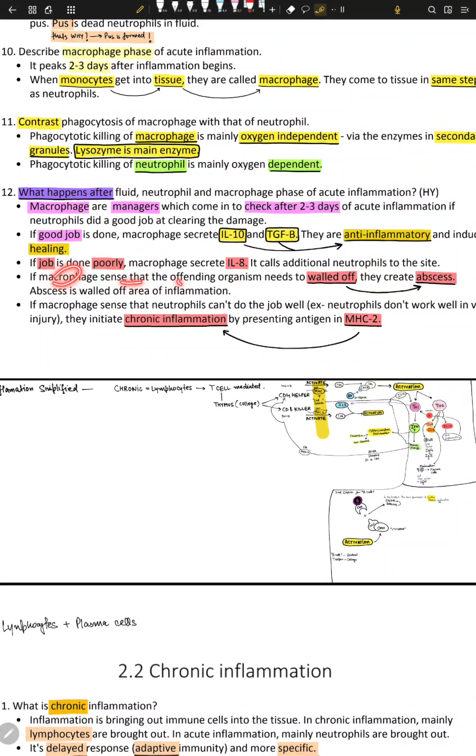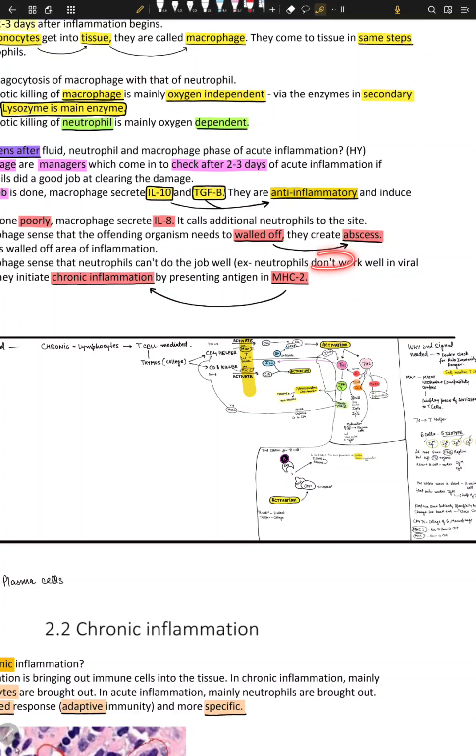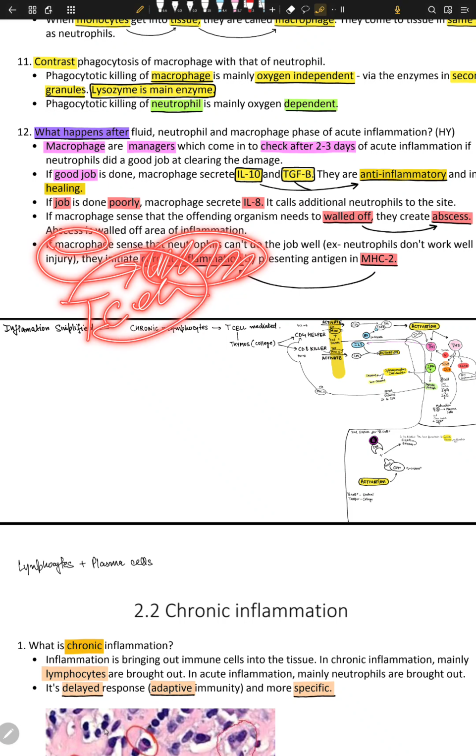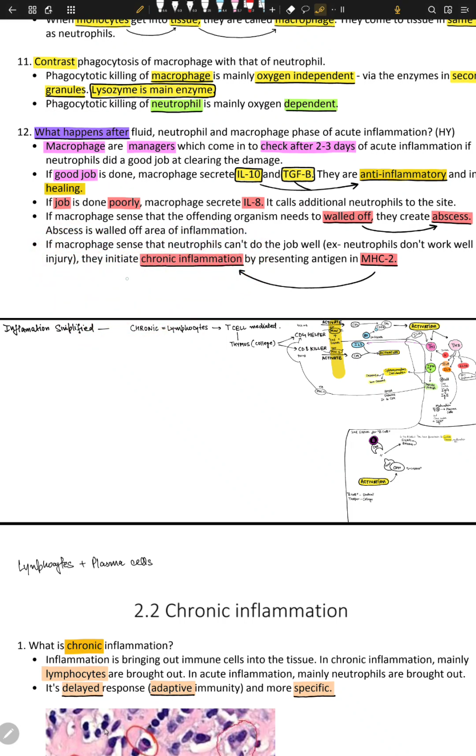If the macrophage senses that the offending organism needs to be walled off, it creates something called an abscess. An abscess is a walled off area of inflammation. If the macrophage senses that neutrophils can't do the job well, for example neutrophils don't work well in viral injury, the macrophage will start chronic inflammation, which is T cell mediated. In this chronic inflammation, the antigen is presented via MHC2.